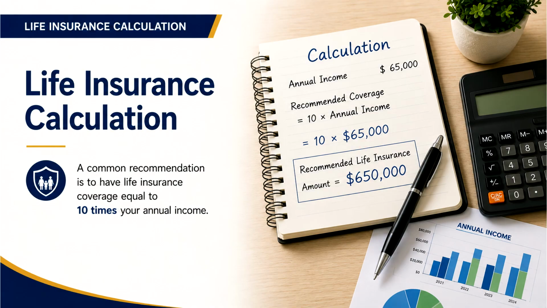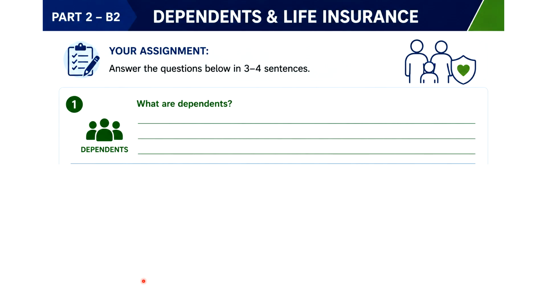After calculating the life insurance amount, the assignment asks you to answer two discussion questions. First, research what a dependent is. Answer your questions in 3 to 4 sentences.